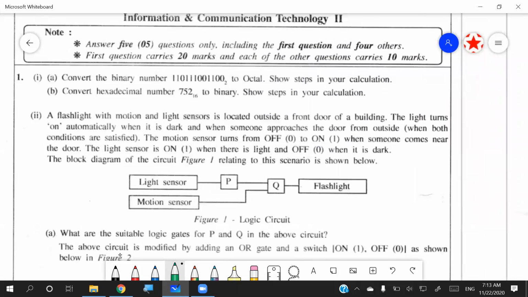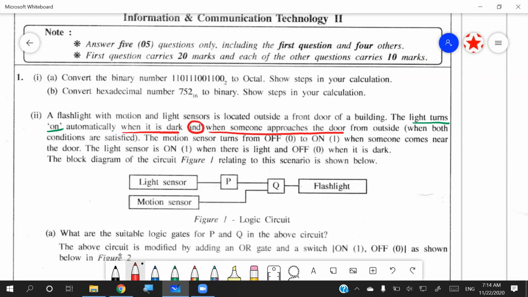Yes, it says the light turns on when it is dark and when someone approaches the door, right? And when it is dark is indicated by 0.